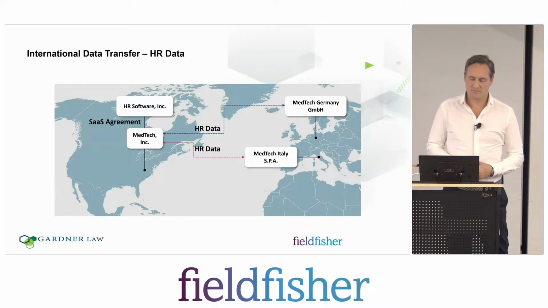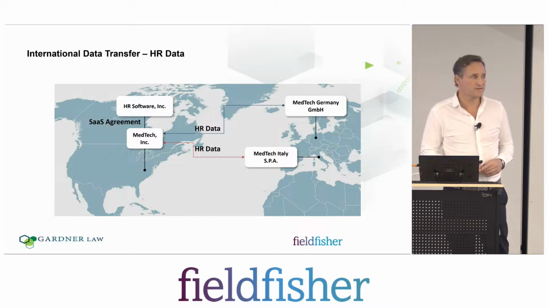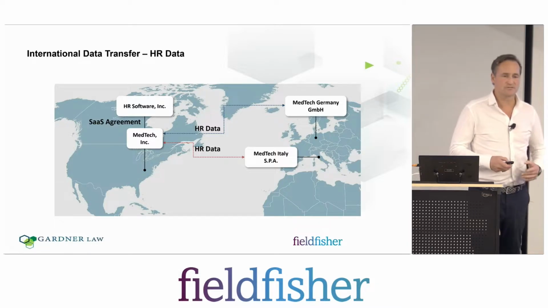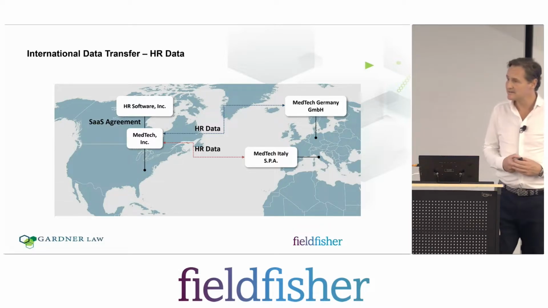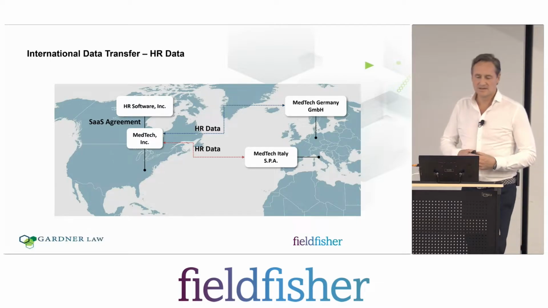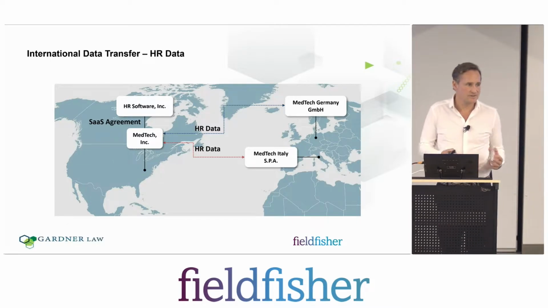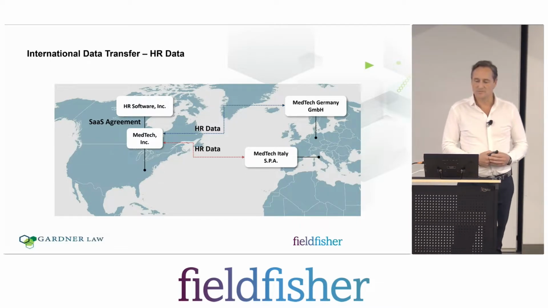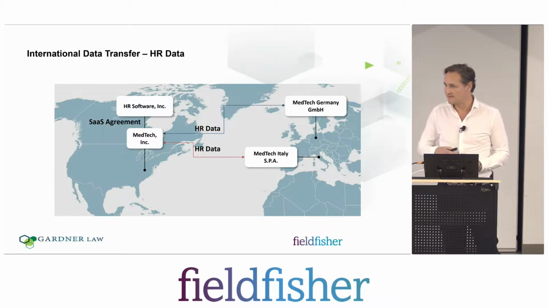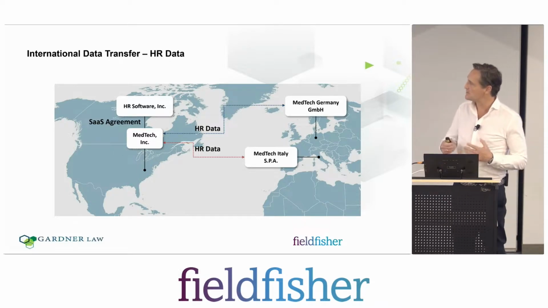To give you a very well-known example where this plays a role in practice is the transfer, for example, of HR data in a group of companies. So imagine there is a company with its parental entity in the US, and they have subsidiaries in Europe.